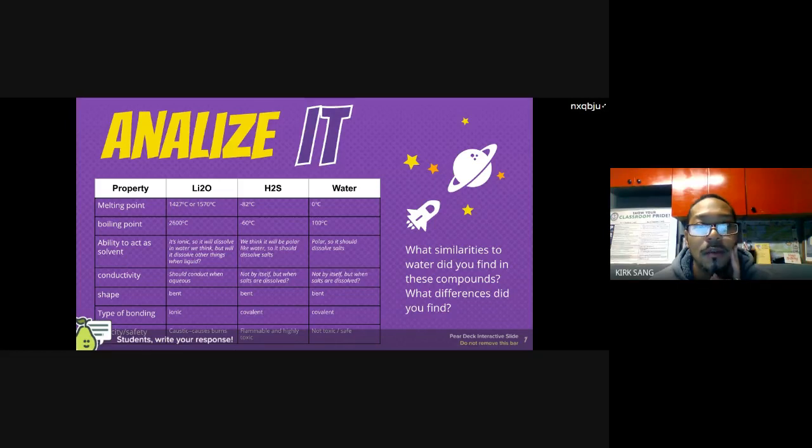Trinity using the term differences. Someone has mentioned the property. Make sure you are mentioning the property shape. Someone's used the term melting and boiling points.